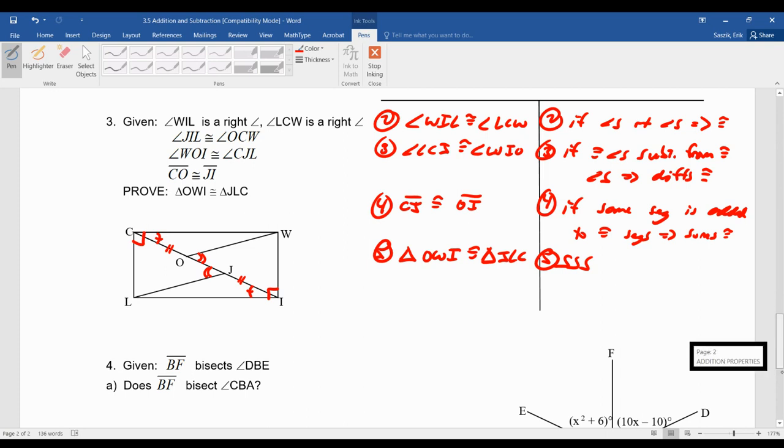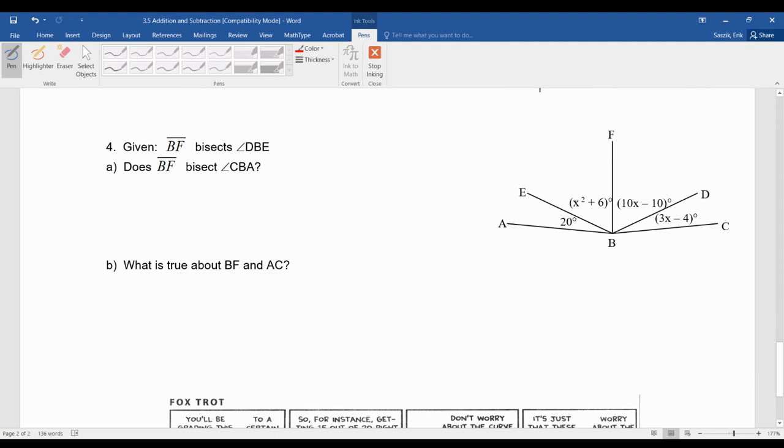Let's see if I can quickly talk through this last one. It says given angle DBE has been bisected. So that means this angle is congruent. This is not a proof. So what equation can we set up? X squared plus 6 is equal to 10x minus 10.